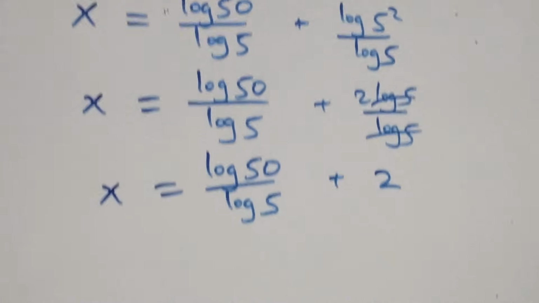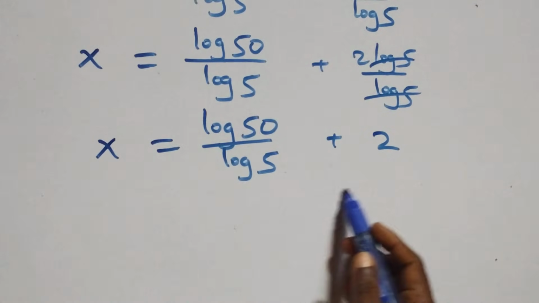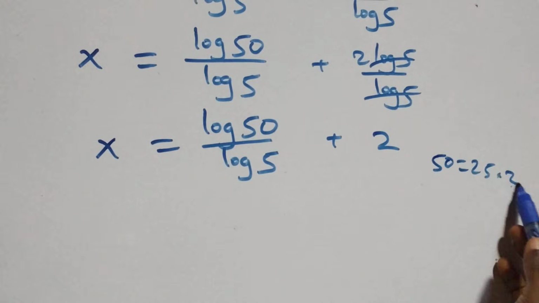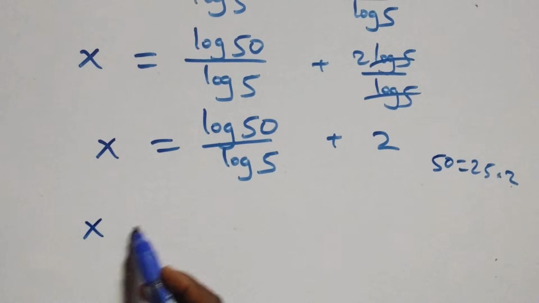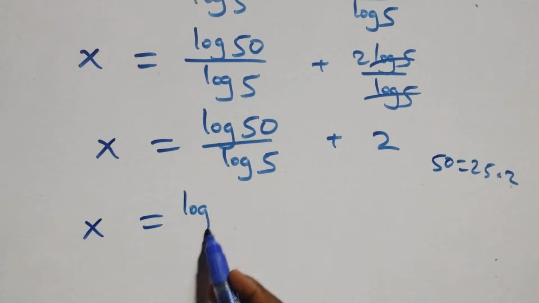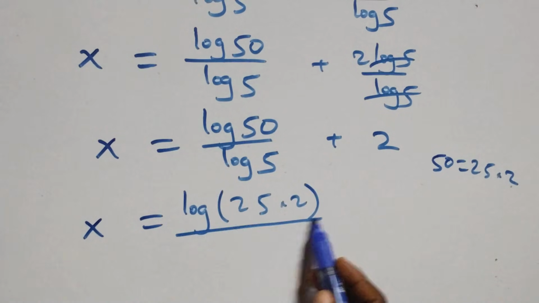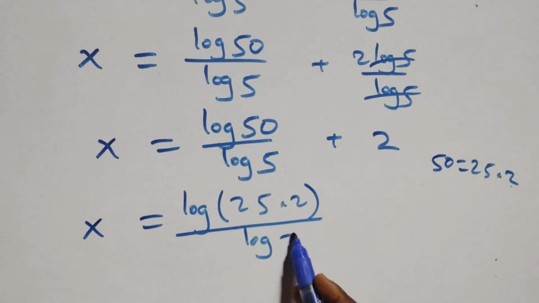The next step here, also we can rewrite 50 as 25 times 2. And what we have becomes x equals log 25 times 2 over log 5 plus 2.